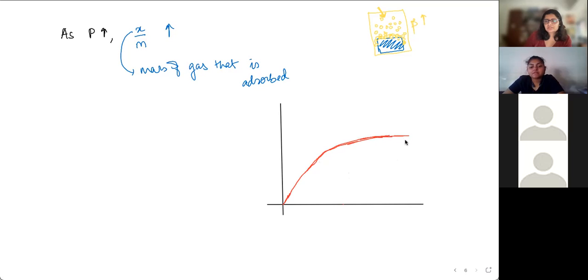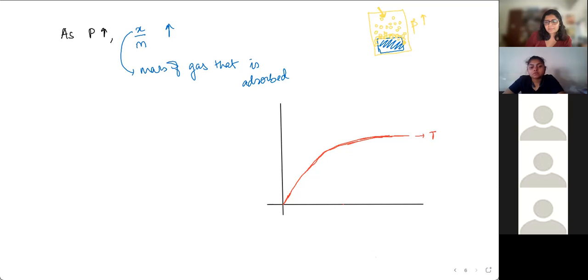So isotherms, na, all of this is at a particular temperature T. If I increase the temperature, you get a similar shape, but slightly lower. Sorry, physisorption decreases as you increase the temperature. It's inversely proportional. So this would be at a lower temperature.